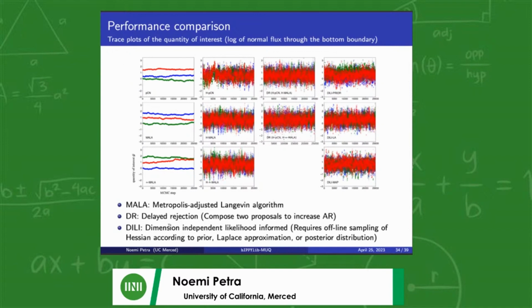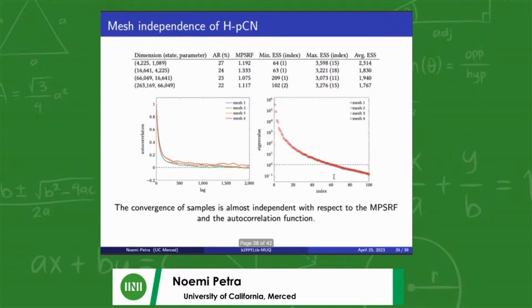DILI MAP, which is the dimension independent likelihood informed MCMC method, using the Laplace approximation, I think, at the MAP, did quite well, as I mentioned. Okay, we pushed the problem a bit to higher dimension, and we went up to about 66,000 in terms of parameters. The nice thing is that for HPCN, as I said, we kind of liked it because of the good performance, but also it's easy to tune.